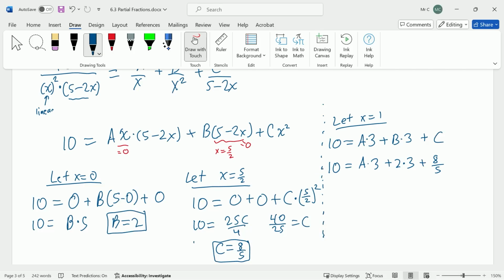So I subtract the 6, 2 times 3 is 6, I subtract that, I get 4, and I subtract the 8/5, 4 minus 8/5 is a times 3. 4 is 20/5 minus 8/5, that's 12/5 is a times 3. And so a is 12 over 15. And that can be simplified to 4/5.